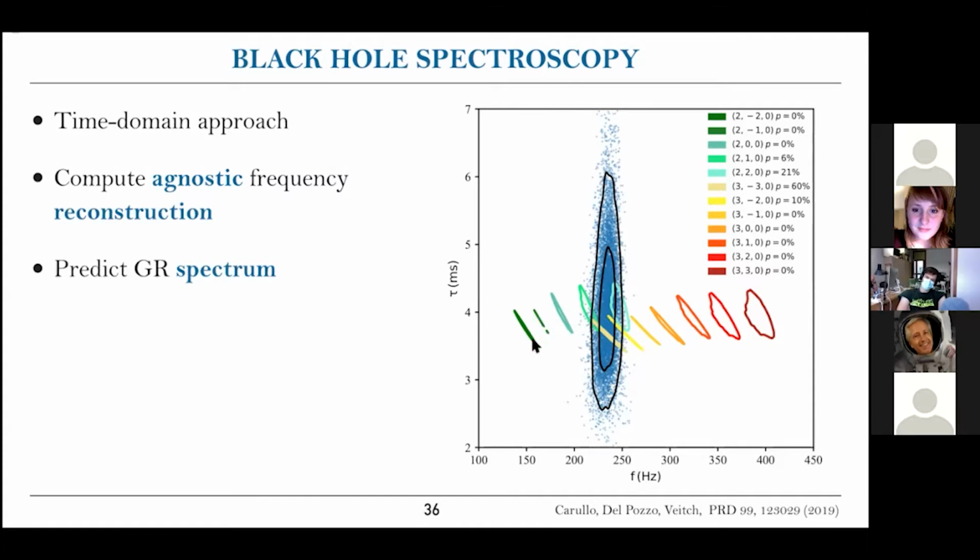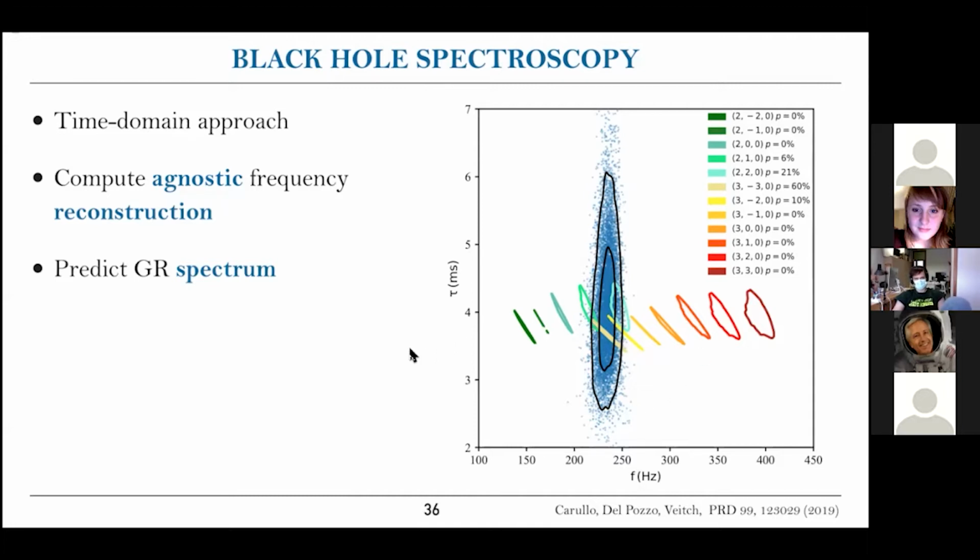And these are all these modes in the spectrum. All these colored ellipses represent all the different modes in the spectrum that you expect to have.